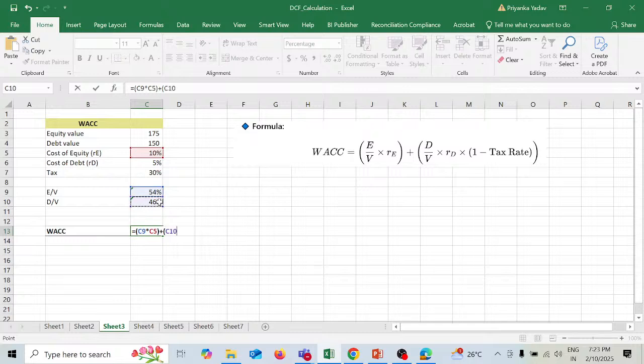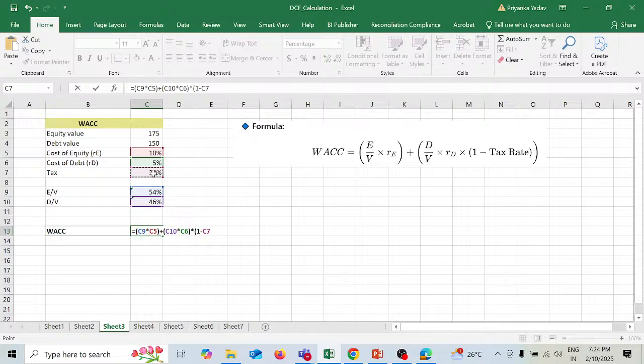So this we have already calculated, D by V multiplied with your cost of debt, this multiplied with 1 minus tax rate. Okay, first close the formula, now close the brackets and multiply it with the tax rate.